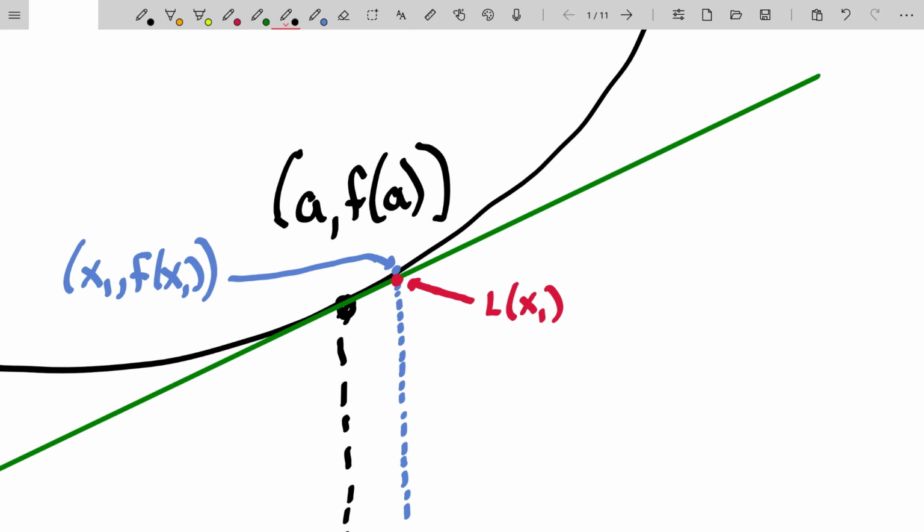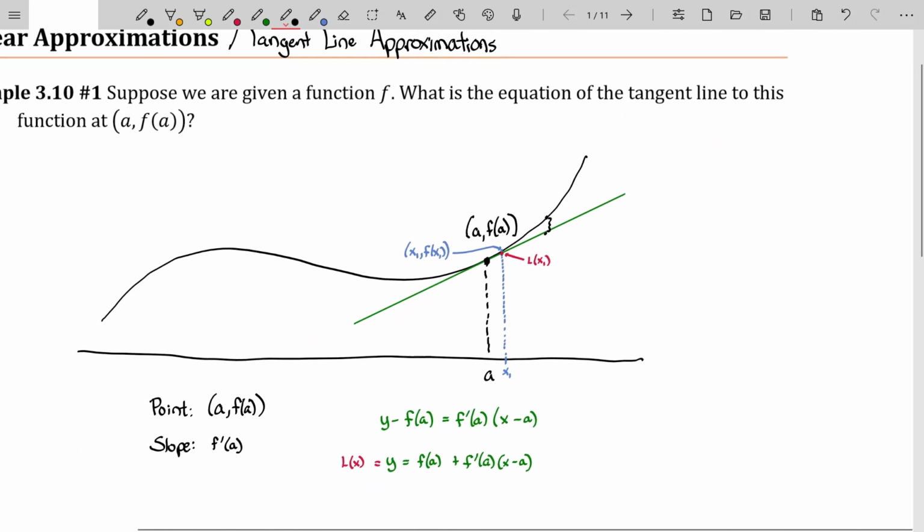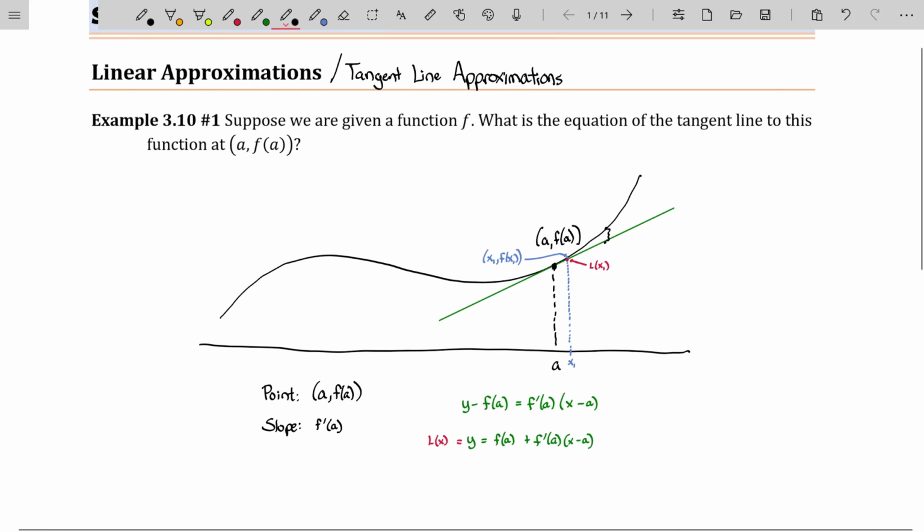Obviously, there is some error between those two when you get far away from where you built your tangent line, like this error right there is pretty bad. But if you're close to where you built your tangent line, then you can approximate values near to that. So let's go ahead and actually see the true definition here.